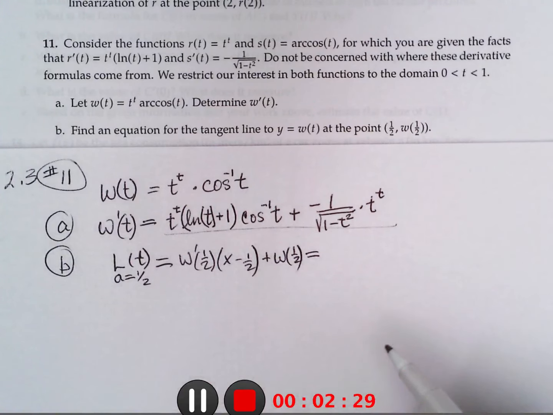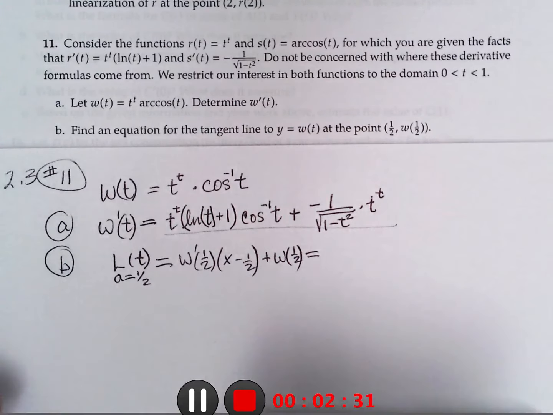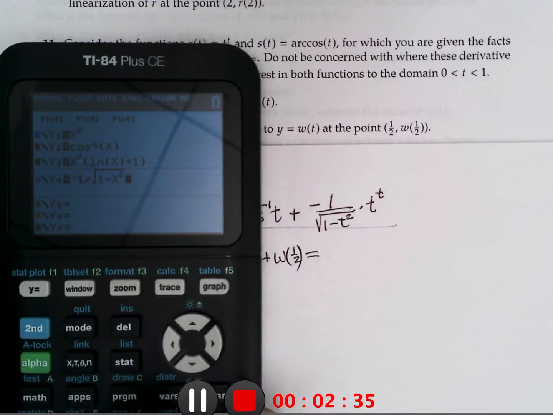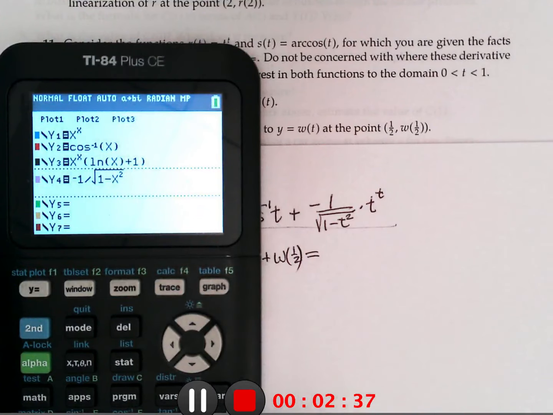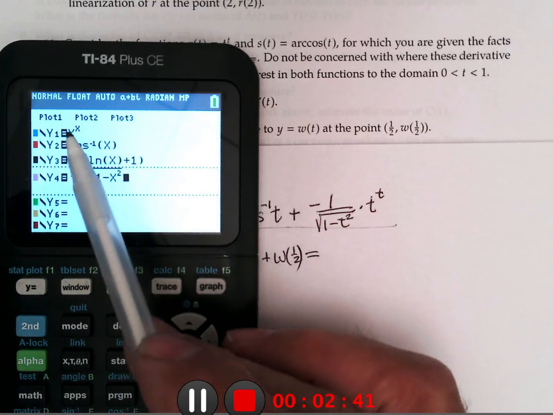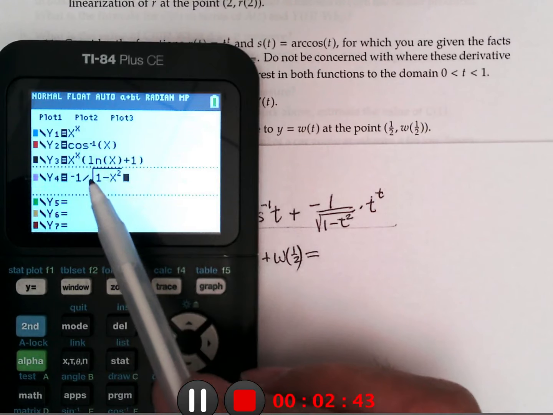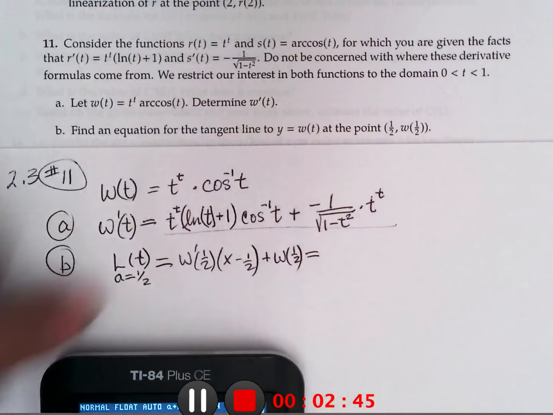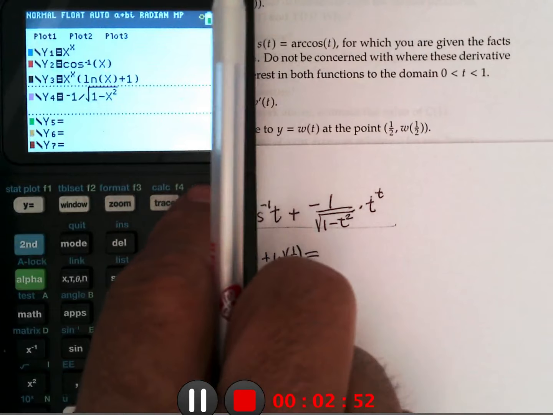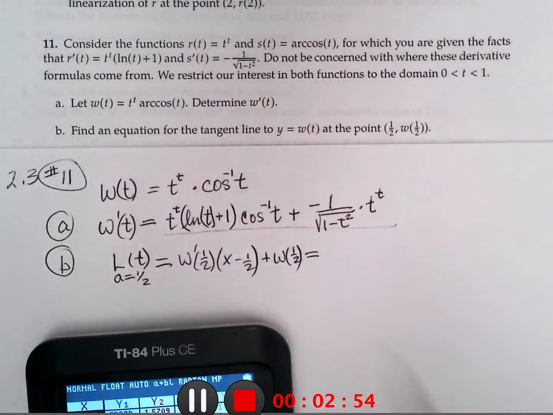And I've pre-typed in these functions into my calculator, so I can get it there. So you can see the four functions there. And now to do this, I need the y3, and we're doing these all at 1/2. So I'm going to go to my table, and let's label this. This was in y1.